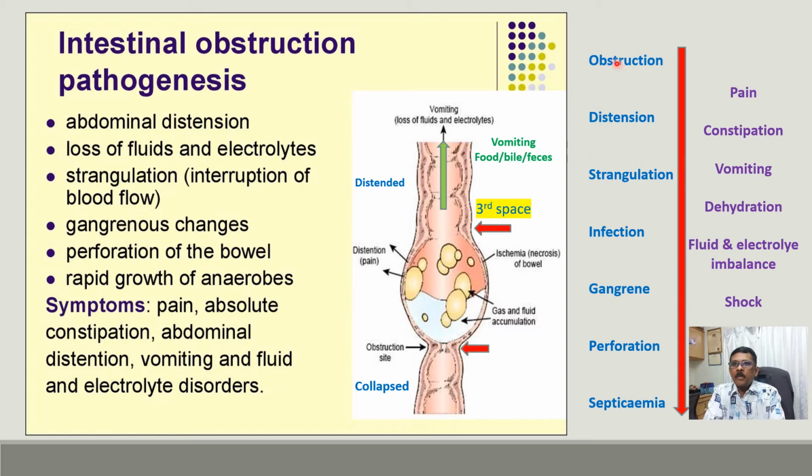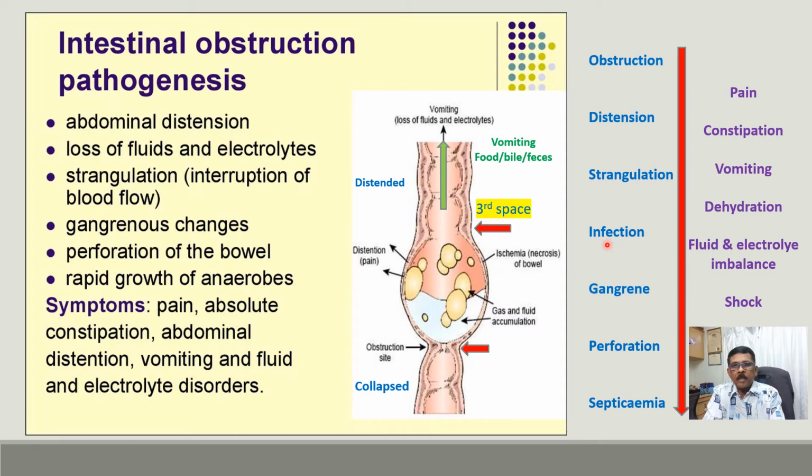On the right here are the stages of progression of this obstruction of the intestine. First, there is obstruction, which leads to distension of the proximal segment, which goes into strangulation.